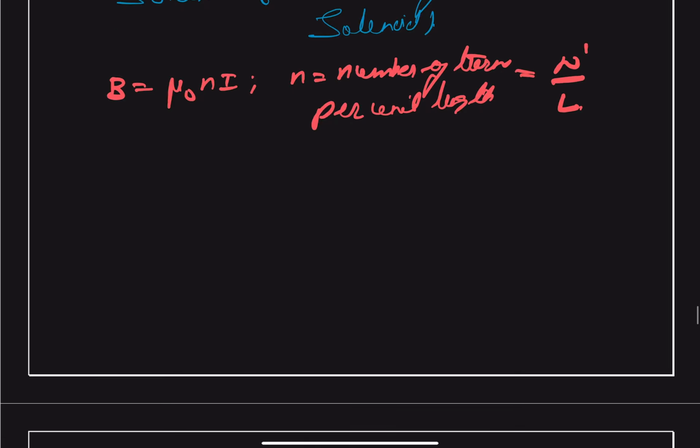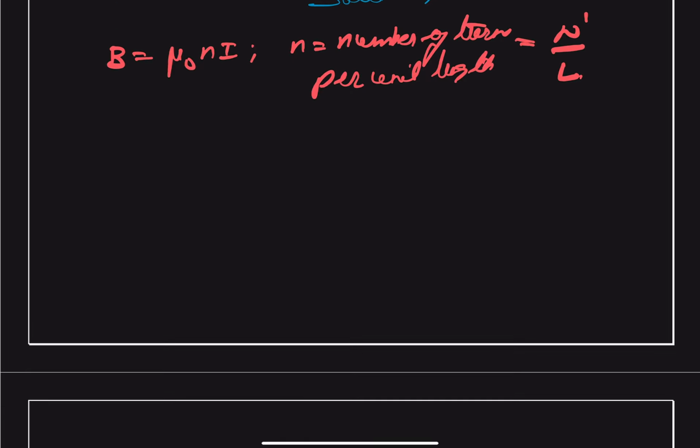Therefore, we can modify that our magnetic field B will be equal to mu naught, and here comes n prime multiplied by I divided by L. In this case, n prime, that is the total number of turns, is equal to 1, as there is only a single circular turn.